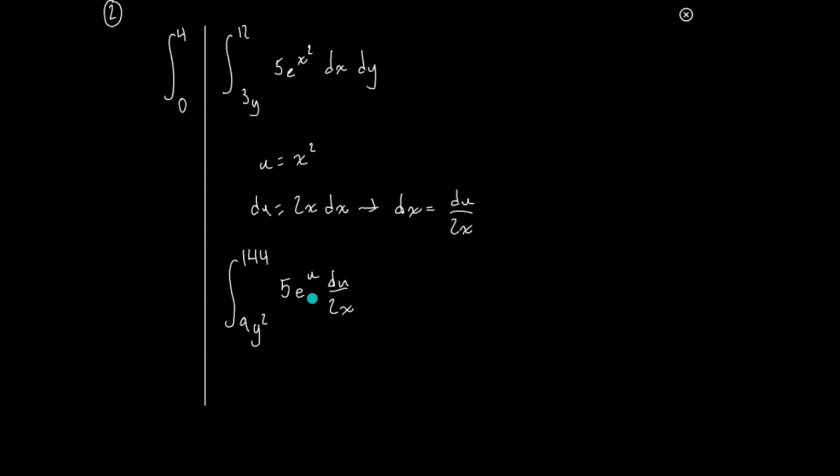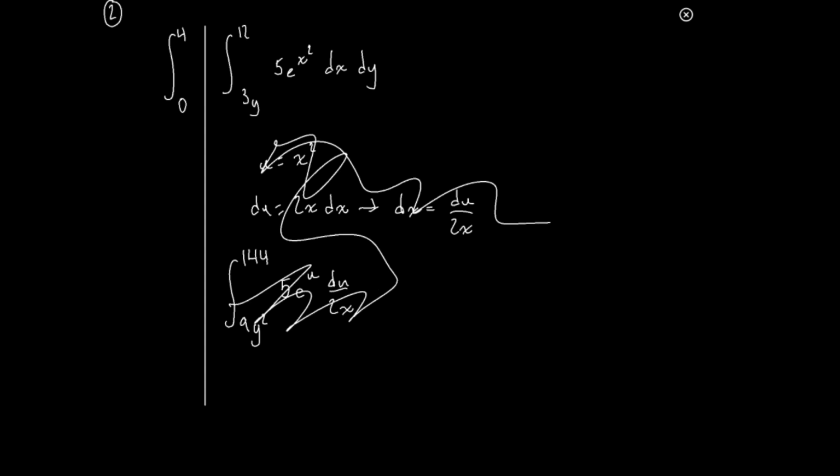We can't figure this out. It doesn't work, right? Because what is x? X isn't a constant. X is a different variable. At this point, we've done all this work to substitute u for x, but we're still left over with an x. So none of this works, right? So let's go back to the beginning.